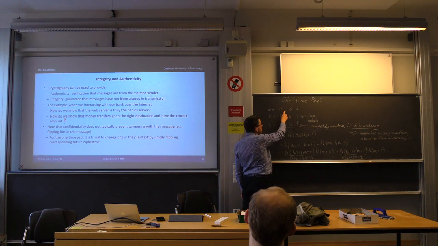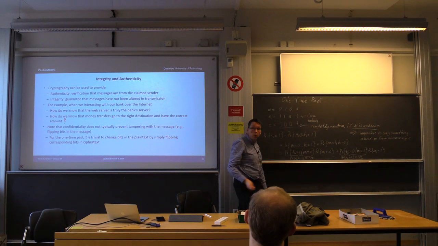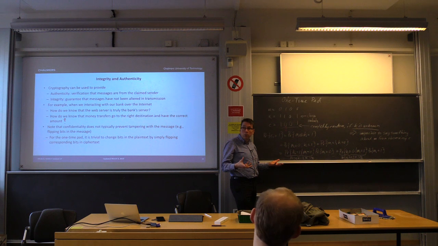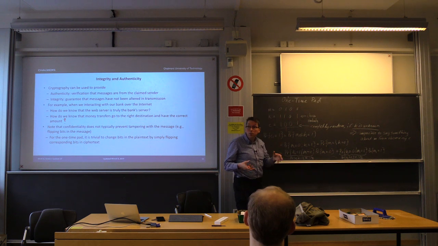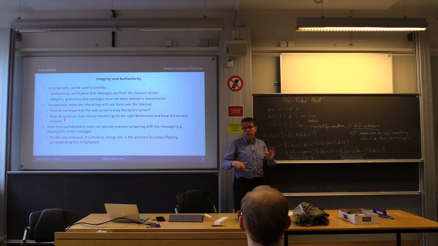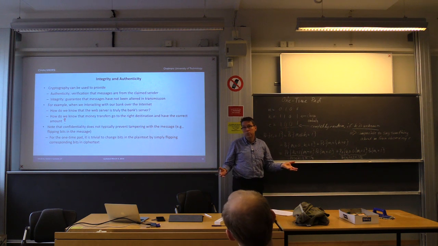How do I change this? Well, I simply replace that 0 with a 1, and when the receiver is then decoding, 1 plus 1, it will decode that to 0. So I can flip bits in the plain text by modifying the ciphertext. I cannot read the bits, but I can flip them, right? So confidentiality does not mean that I'm unable to tamper with the plain text, right? These are two different things.